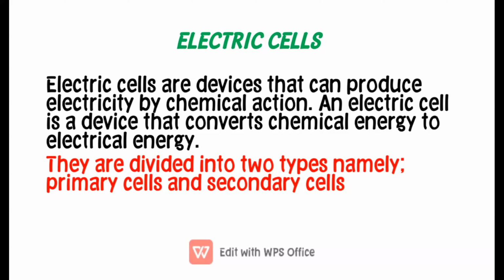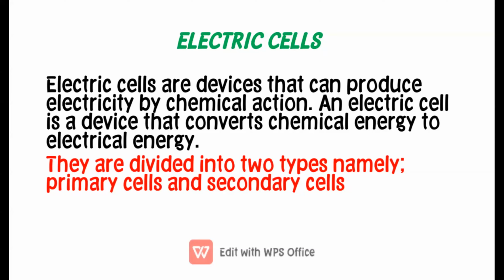It's also a device that converts chemical energy to electrical energy. So if someone asks which energy is stored in a cell, it is chemical energy. And when that cell is connected to something, it converts the chemical energy to electrical energy.